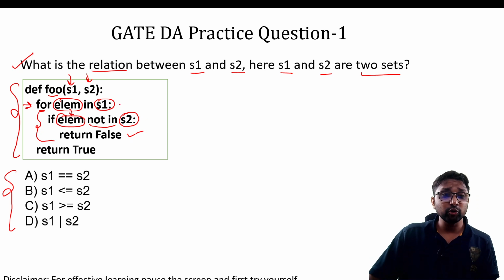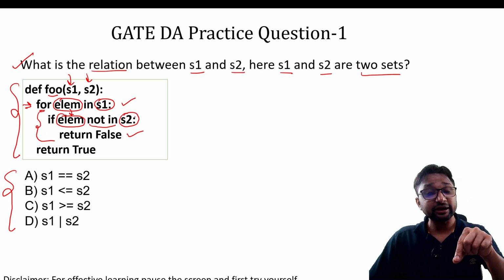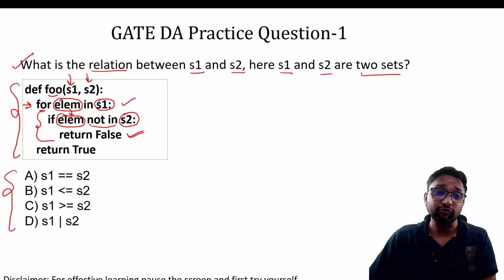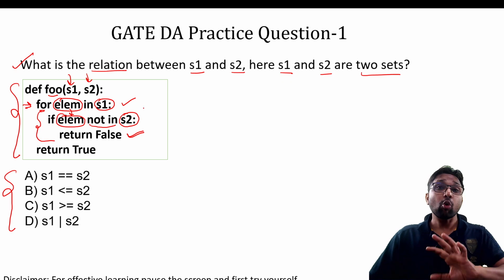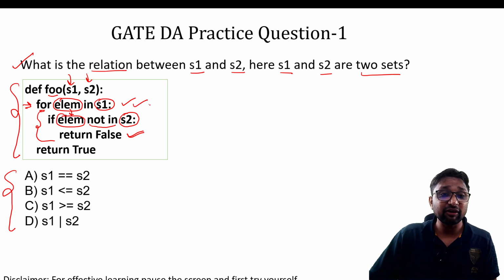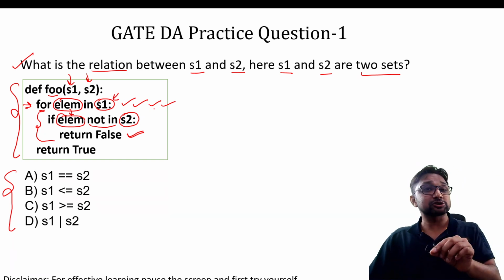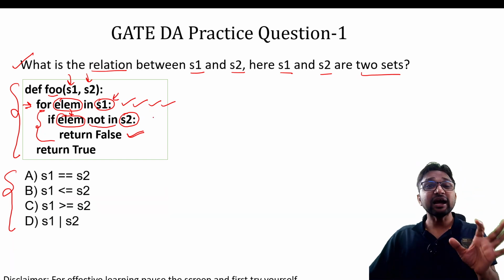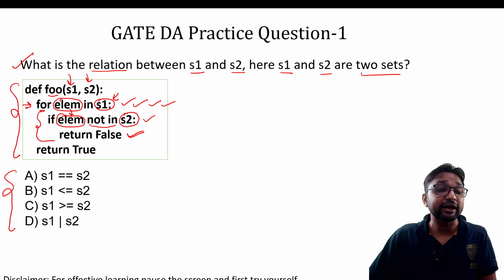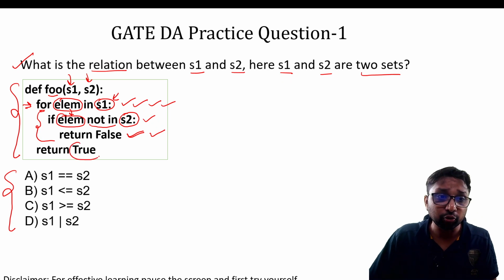We are doing this for all the elements, taking one by one all the elements from S1 and checking them in S2. If even a single element is not present in the S2 set, then we will return false. Otherwise we will return true.